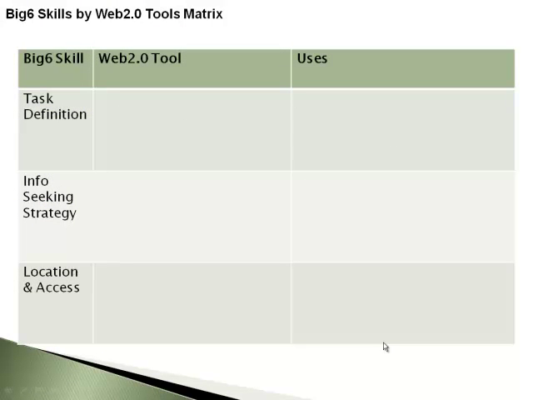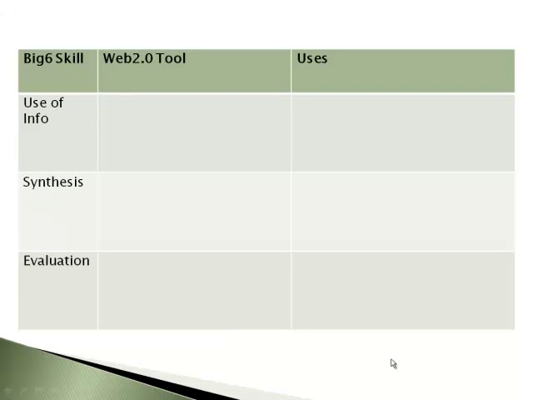These last two pages are for you. You're going to also find PDF handouts of this on the workshop webpage. This is for you to take what we've done and apply it to your own situation. Think about a Big 6 skill or even a Super 3 skill and find a Web 2.0 tool that you learned about today or one that you know about and put the two together and determine uses on how you can best teach information literacy to your students.